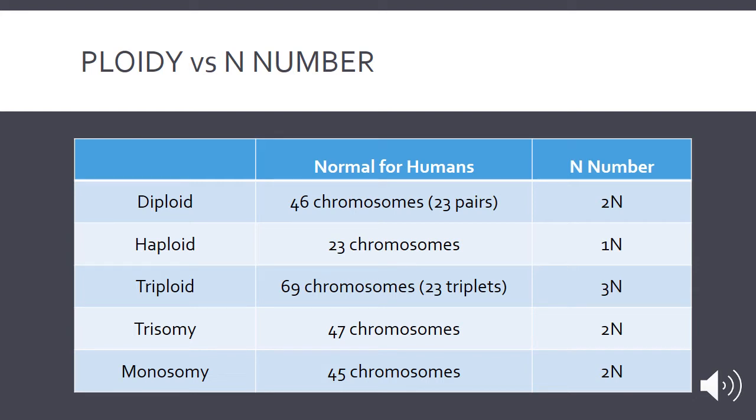So a diploid cell might have a different N number at a different stage of meiosis. These numbers refer generally to cells that are not going through cell division. The second is that when you're talking about trisomy and monosomy, where a single chromosome pair has an extra or missing copy and the rest do not, that does not change the N number for the cell. The N number remains the same because it's looking at the cell as a whole and not this one particular abnormal piece.